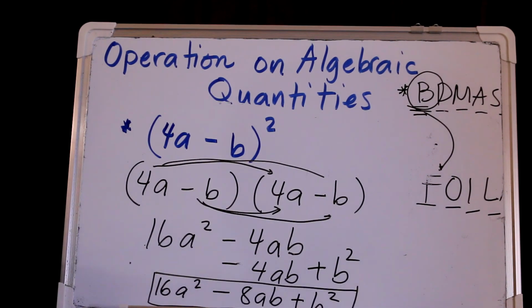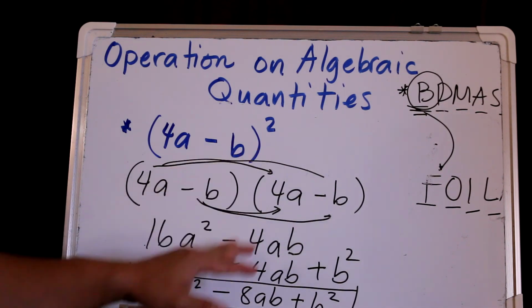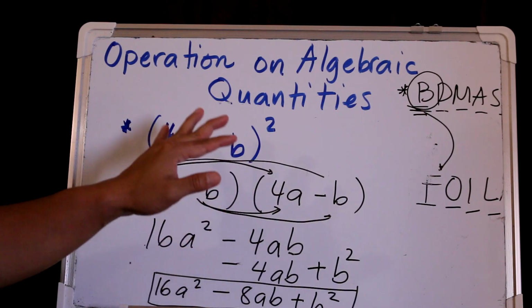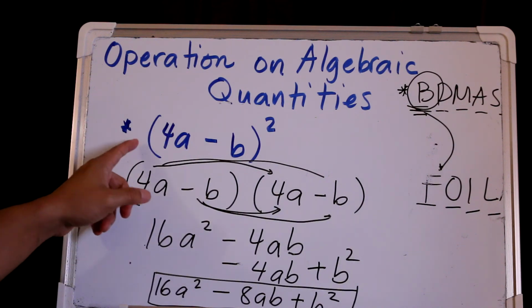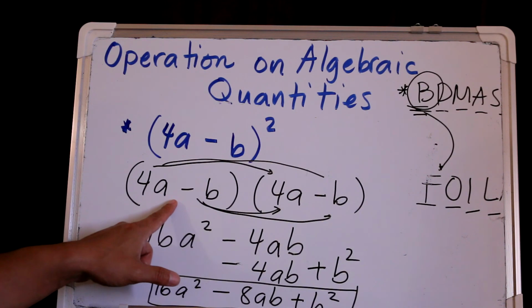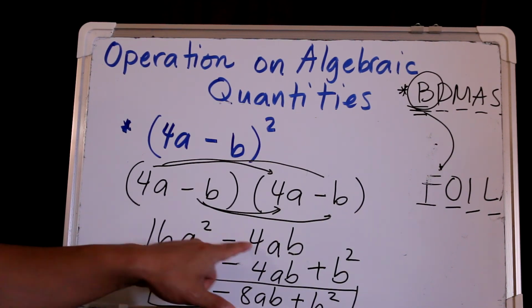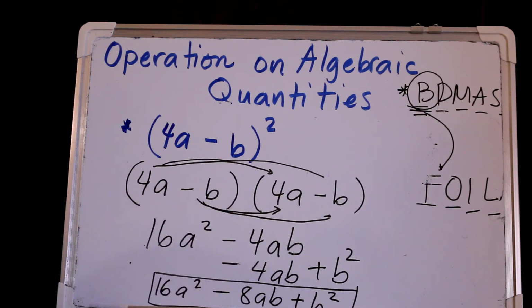Okay, so still we are doing the concept that we had earlier. So the first is multiplying brackets, then followed by simplifying the expression.